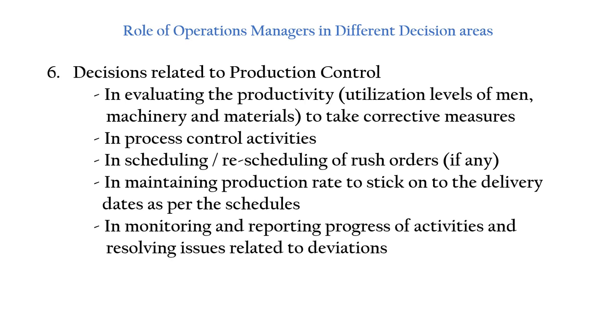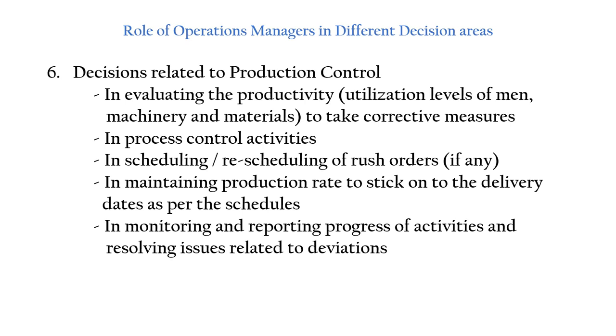So in evaluating the productivity, there is the percentage utilization of the manpower, that is labor productivity or human resource productivity, or productivity of machines in terms of machine hours, and then material productivity. So productivity is a measure which indicates the utilization levels of different resources in the organization.